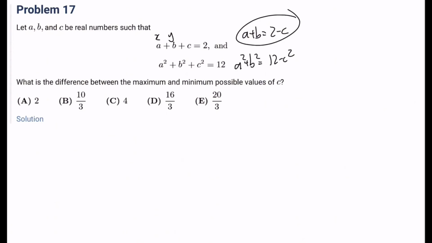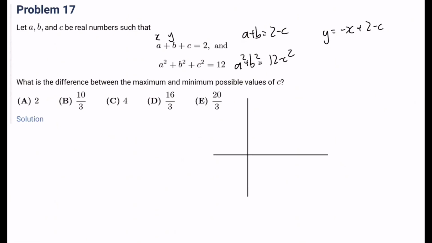So if we look at a plus b as x plus y, that means that x plus y equals 2 minus c, and y is going to be minus x plus 2 minus c. And so that's going to look something like, if we have a line like that, then this is going to be 2 minus c and 2 minus c. So that's going to be this line.